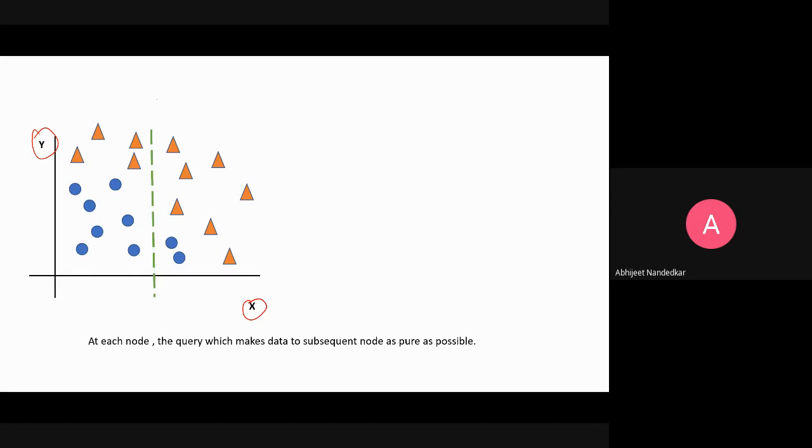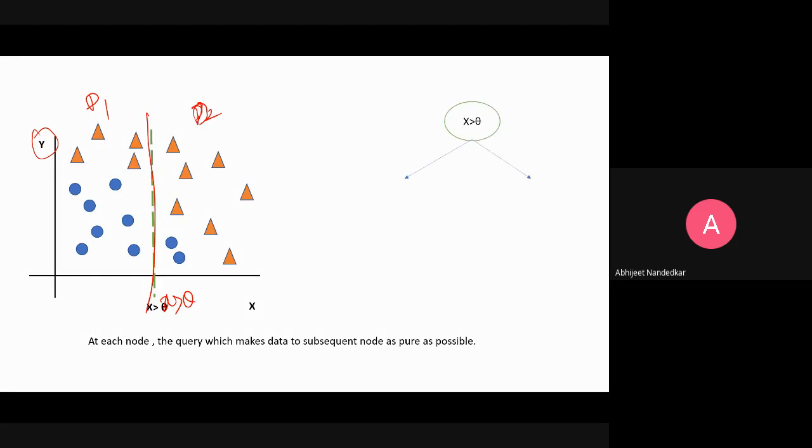Since we are using a tree structure with one variable at a time, we have to deal with this using the same technique. So suppose I ask a question: if x is greater than some theta, then this line is implemented. Then I get two sets, d1 and d2.